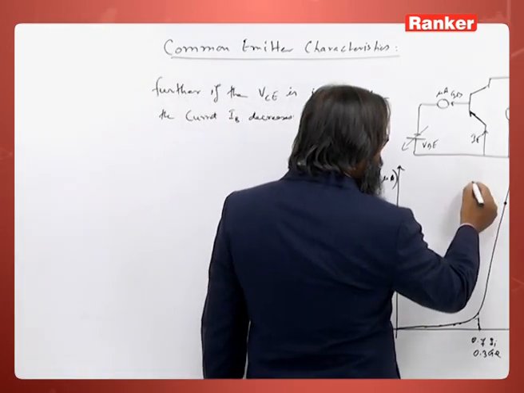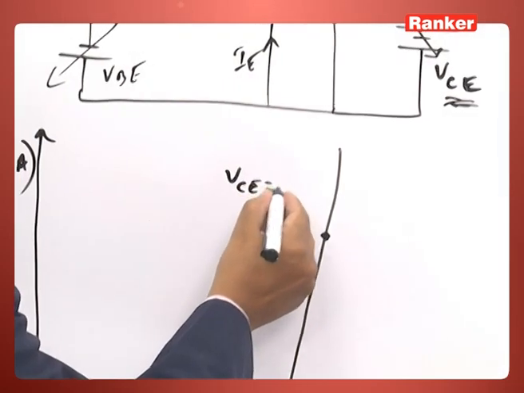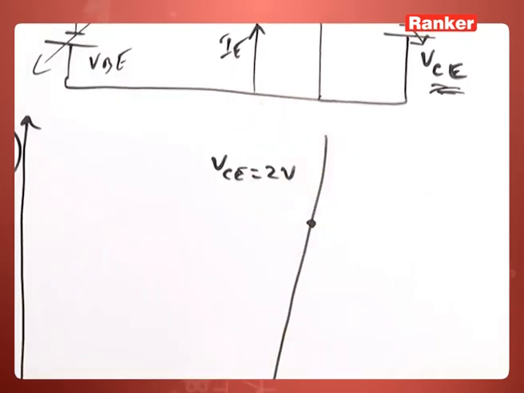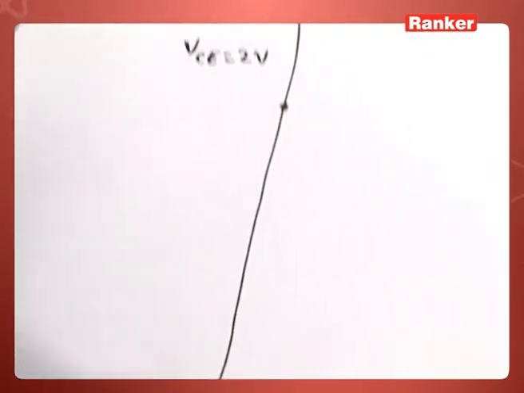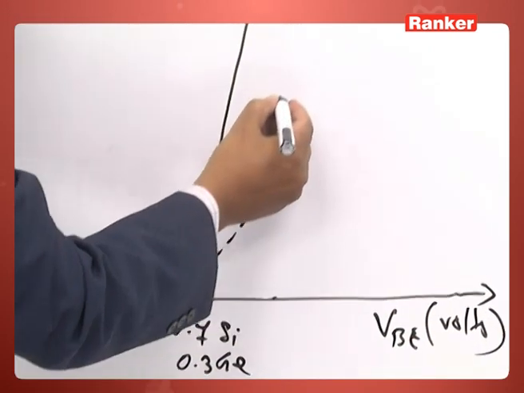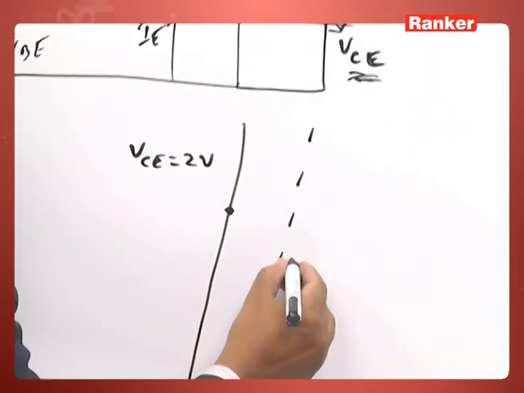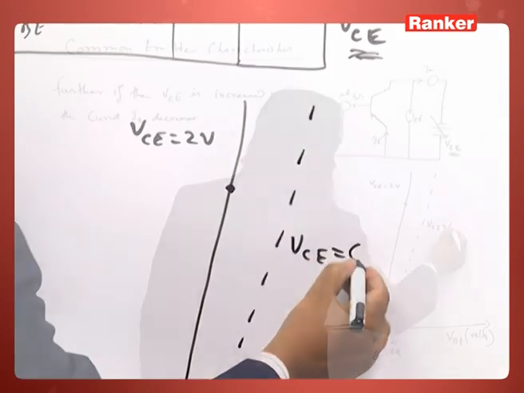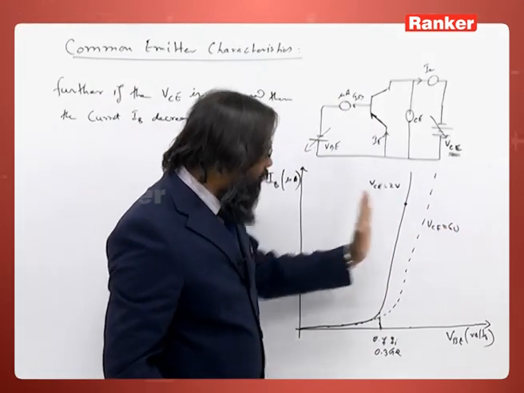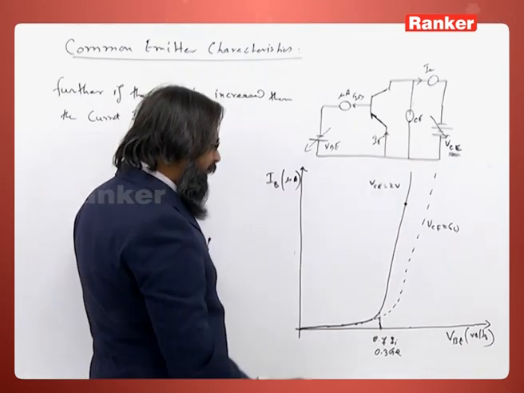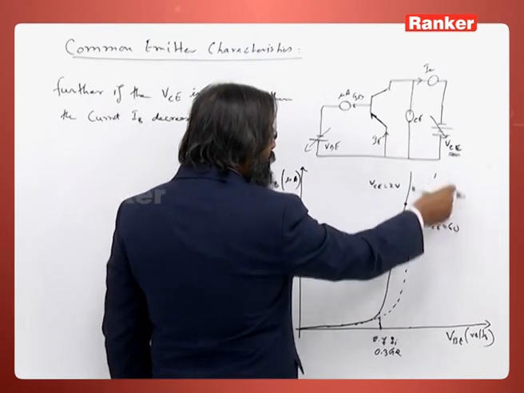if VCE is, suppose, 2 volts, here I have a reverse bias of 2 volts, and suddenly I change it to 6 volts, the graph won't change too much, but a slight change will be there. Generally it is plotted for a single value.